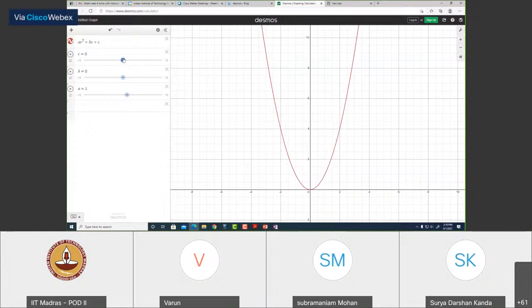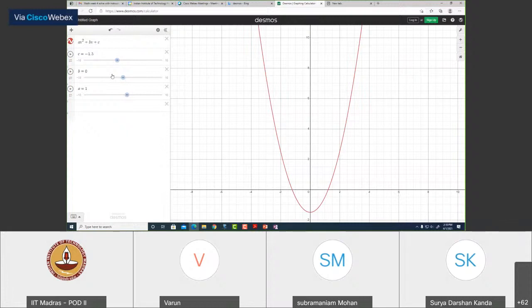At 0, it is touching the origin. Then as we go below 0, the vertex goes down. Okay, so that is basically the curve of the second degree, the quadratic polynomial.